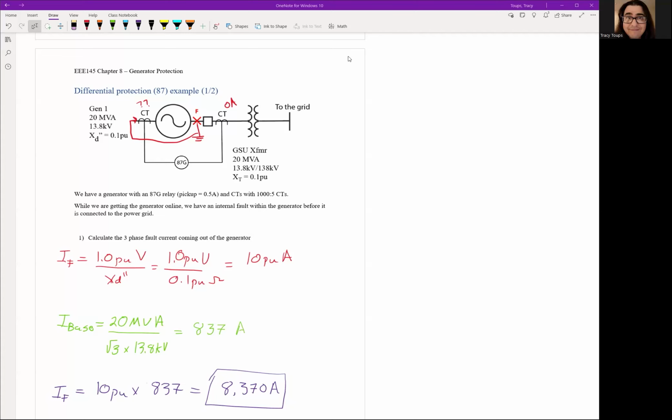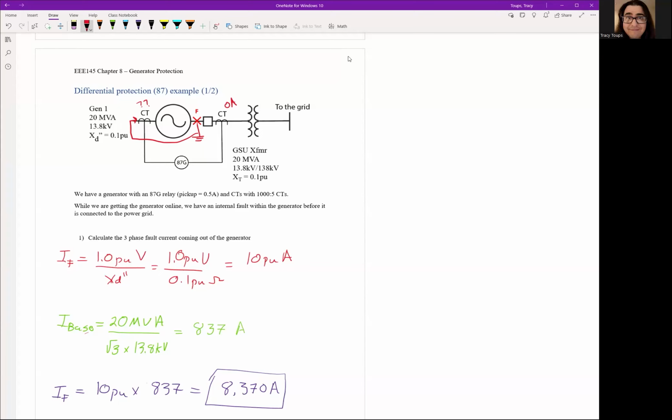Our base current for the generator is going to be 20 MVA divided by square root of 3 times 13.8 kV, because that's the MVA and terminal voltage the generator was built for. That's 837 amps as our base.